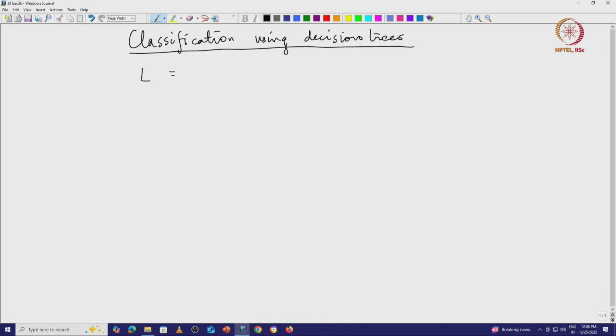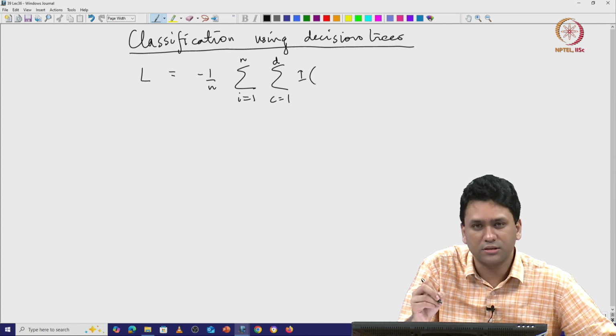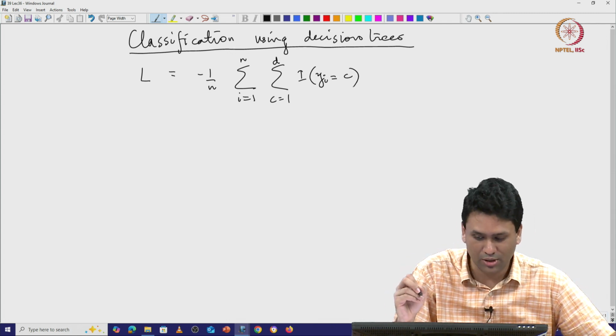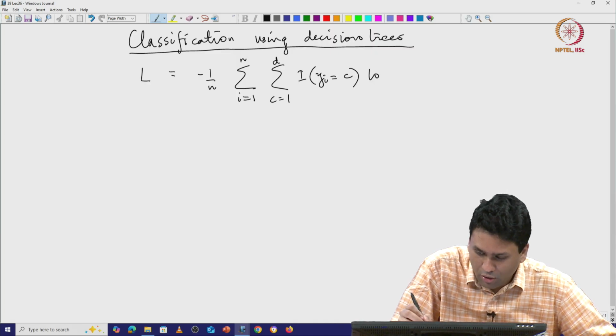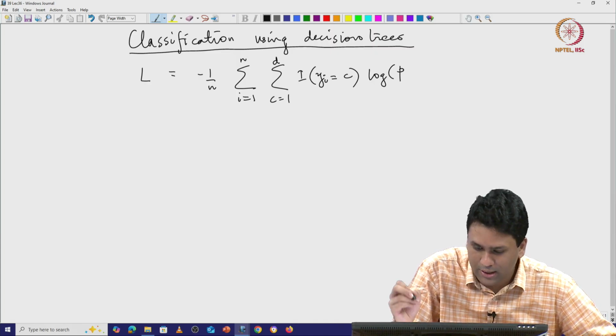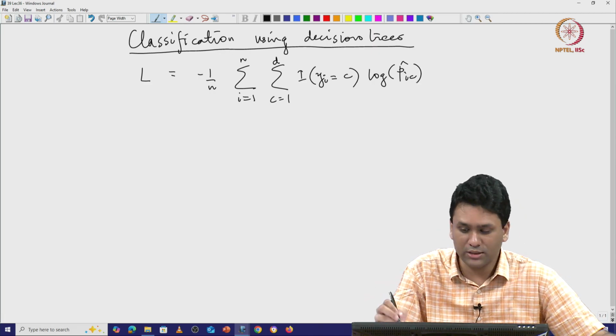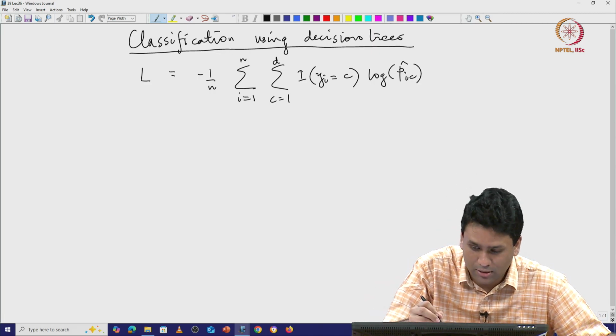So that is minus 1 over n, sum i going from 1 to n, and sum over the classes c going from 1 to D, an indicator function which tells you whether the data point actually belongs to class c, times the log of the probability that you predict for the point i to belong to the class c. So because it is a prediction you put a hat on it.